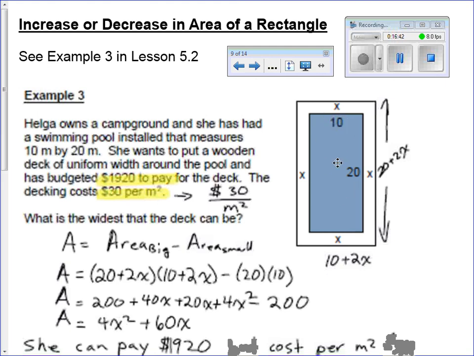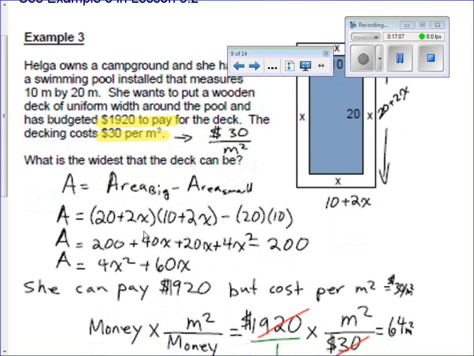So we have a pool that's 10 by 20, and then we want to increase the area around it by a width of x. Now, in order to do that, we end up with sides that are 20 plus 2x and 10 plus 2x for the bigger rectangle, and 10 and 20 for the inner rectangle. So when we calculate, the area is given by area of big minus the area of small, and we end up with this.